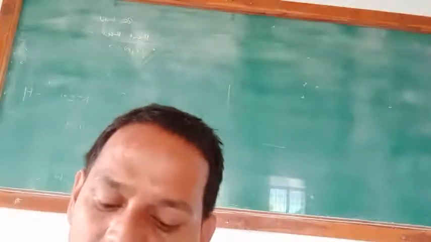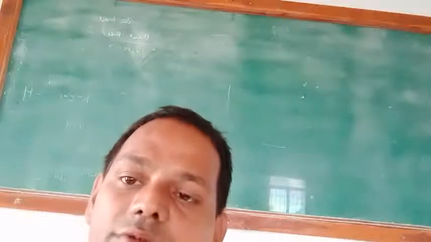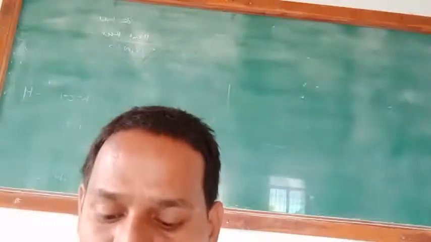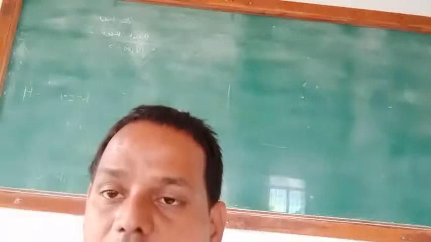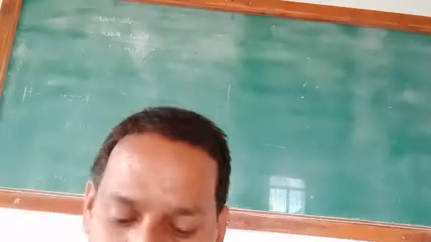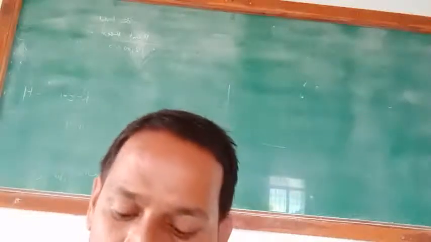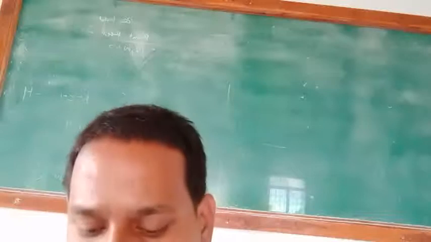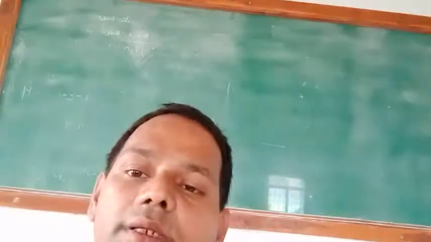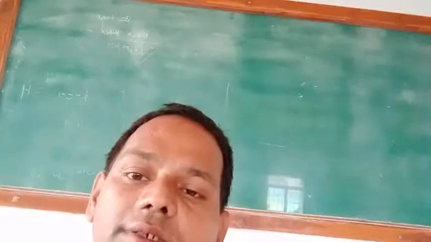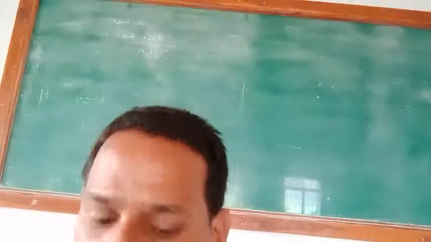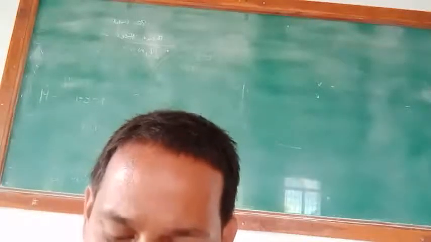Therefore, all roots of x raised to n minus x are in E. Hence, E is the splitting field of x raised to n minus x over F. Therefore, E is a normal extension of F.